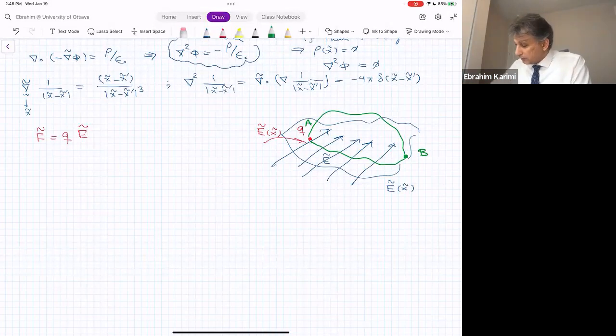Depending on the sign of the charge, the force will be along the electric field or in the opposite direction. Assuming that Q is positive, which does not affect the general features of the calculation, the force will be along the direction of the electric field.